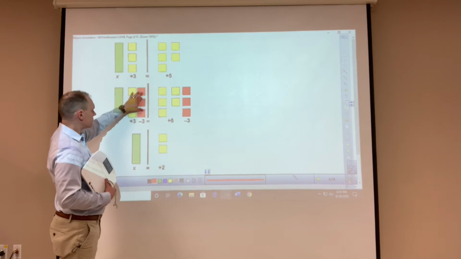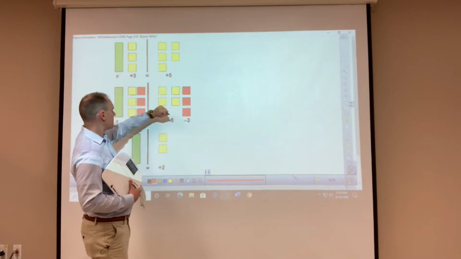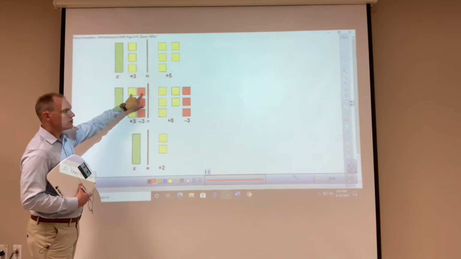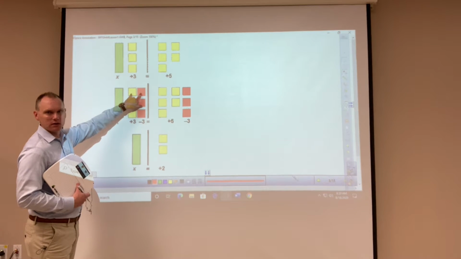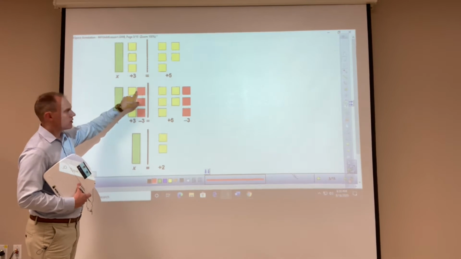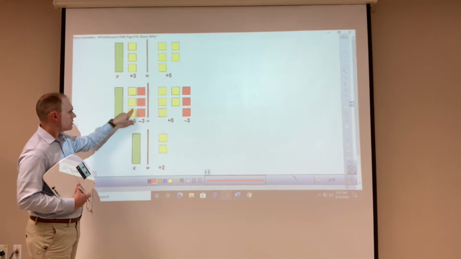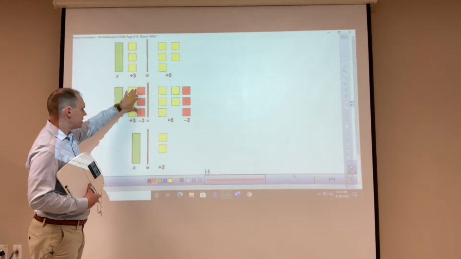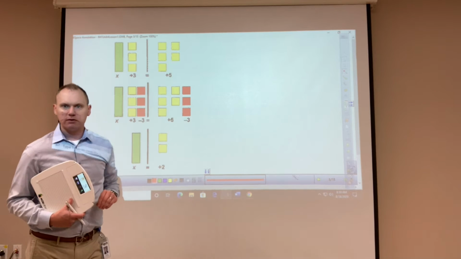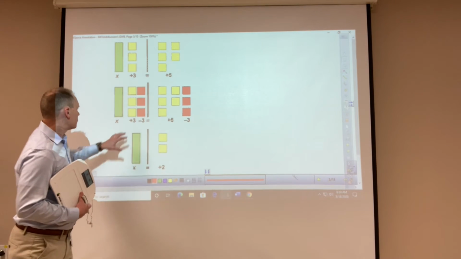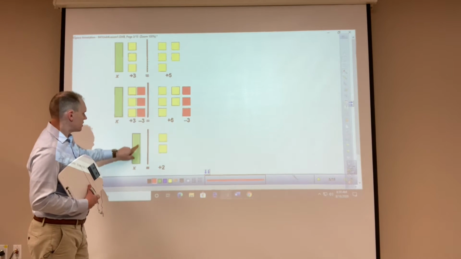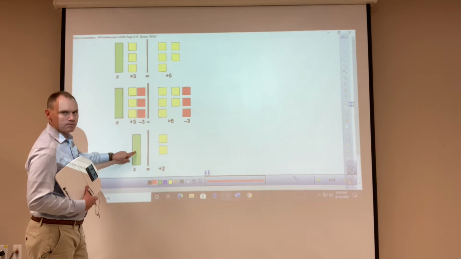So if we tack on 3 -1s here and there, these are what we call additive inverses. They add to give us 0. 1 and -1, 1 and -1, and 1 and -1. So 3 and -3 add to give us 0. What happens is we're left with just x on this left side.